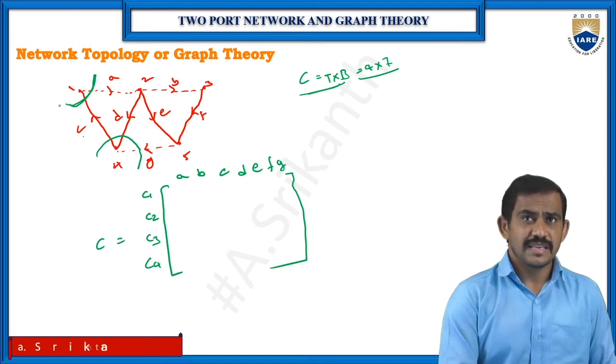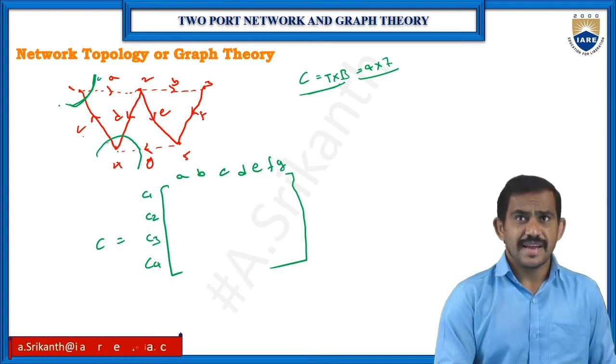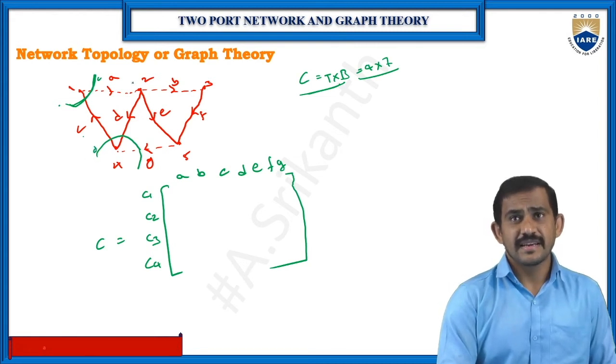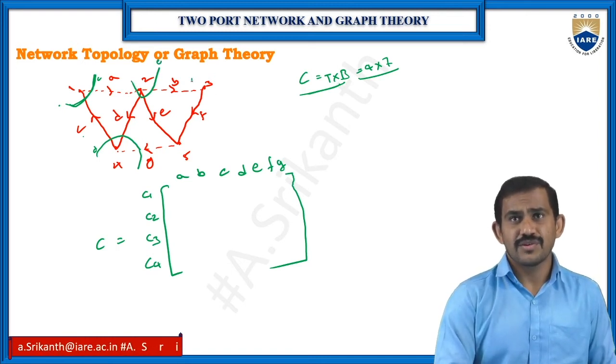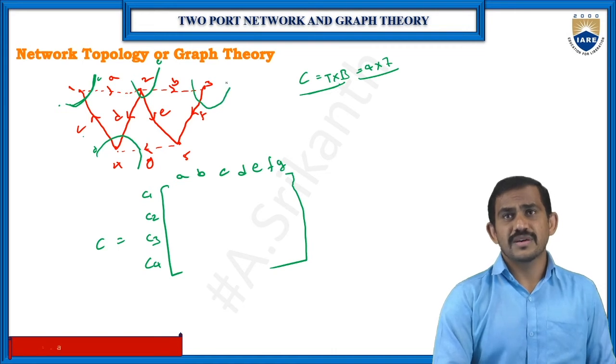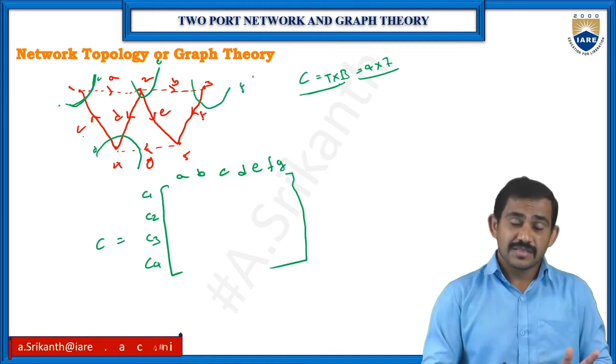So this is for the C branch, and this is for the D branch, so D tree, and here is for the E tree, and this is for the F tree. You can cut any place, no problem for that.